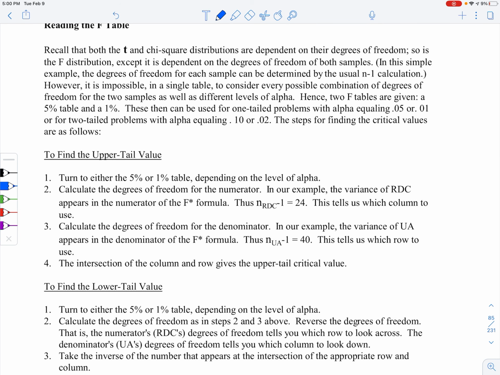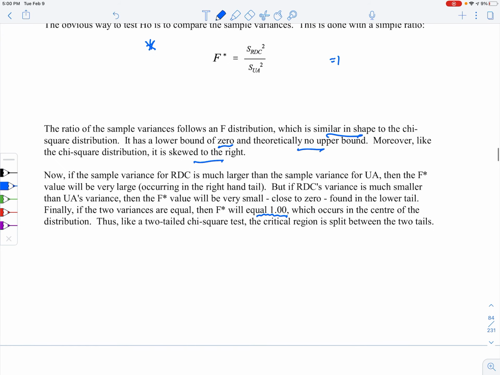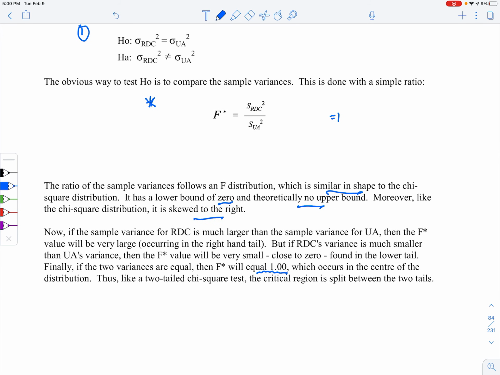It's important to know here that we have degrees of freedom for both the samples. So we have degrees of freedom for the numerator and degrees of freedom for the denominator. If we go back to this particular example, what we have in the numerator is RDC, and so its degrees of freedom are going to be the n of RDC minus 1.